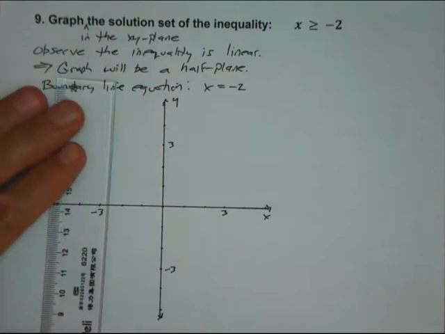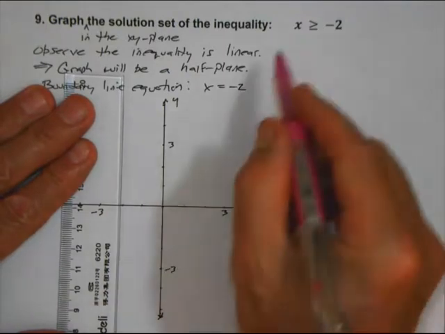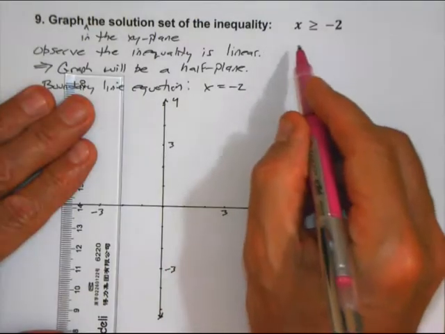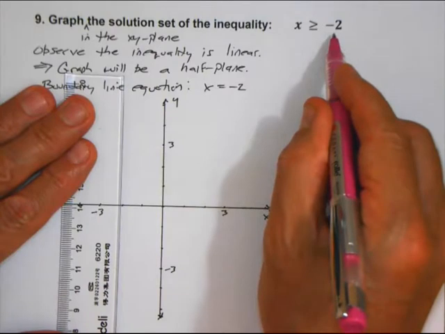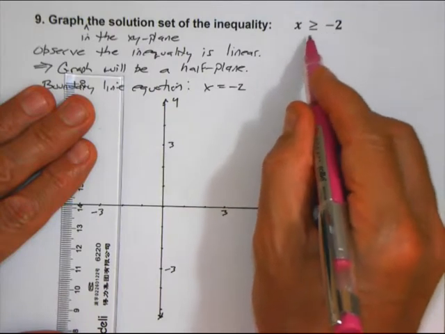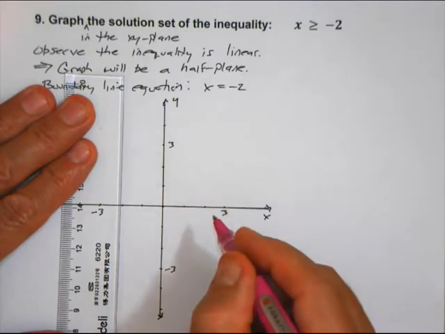It's that vertical line, x equals -2, and the consideration now is solid or dashed line. Alright, the inequality whose solutions we're graphing is x greater than or equal to -2. Okay, since the equalities are also part of the solution set, this needs to be a solid line.